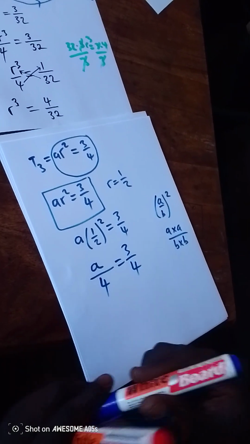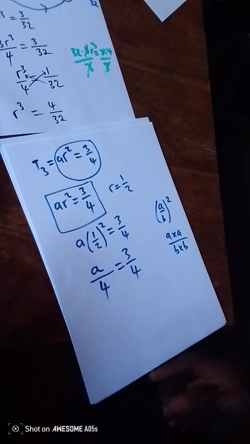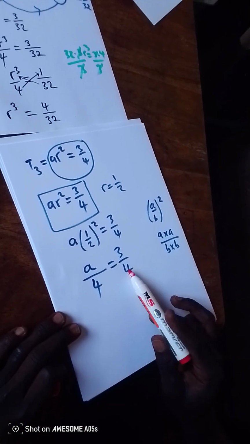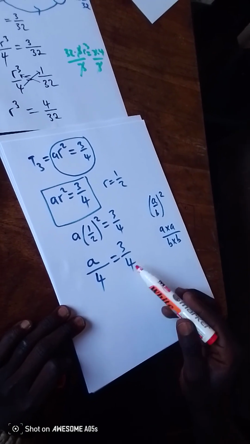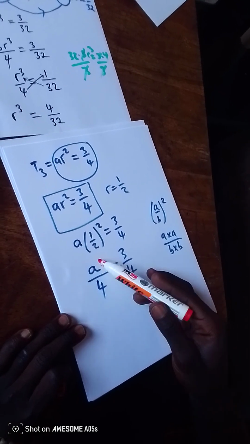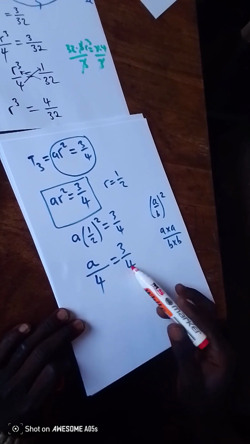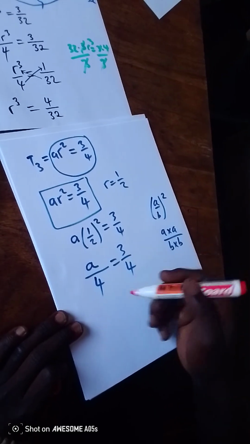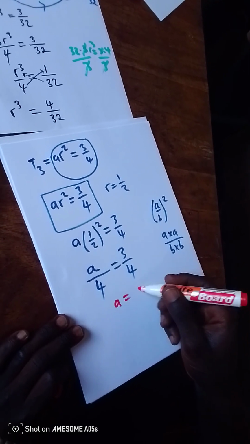So that rule again which I told you: whenever you have the same denominators or the same numerators, ignore them. So at this point we have a single fraction and a single fraction, then we have the same denominators, hence we divide them off. So we're just going to say a equals 3.